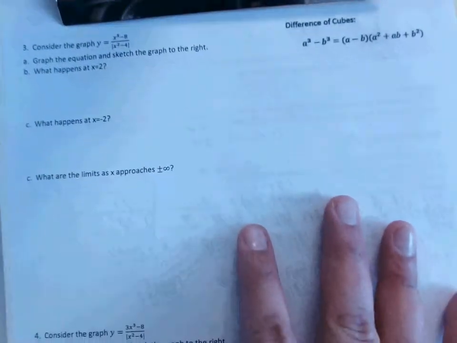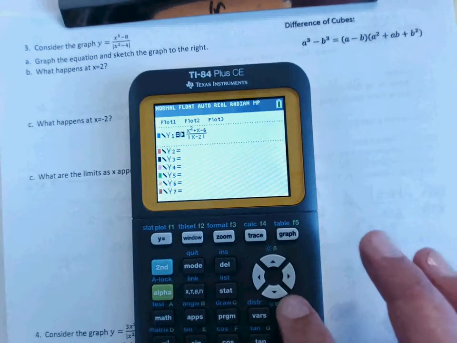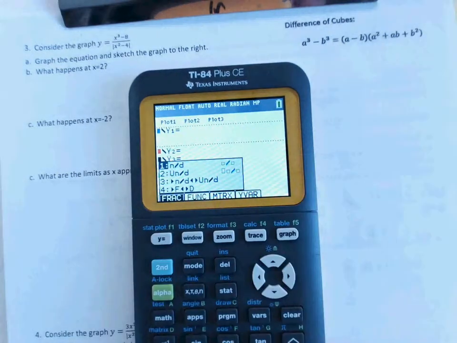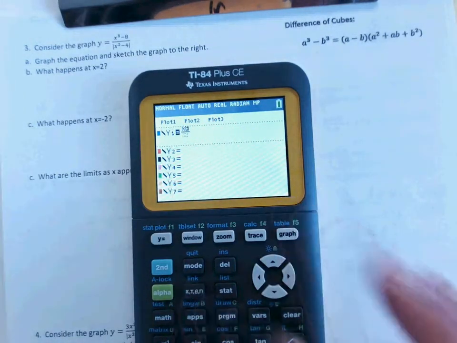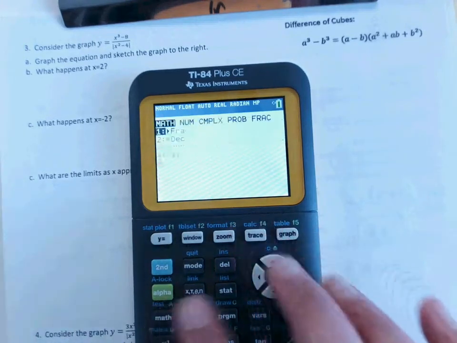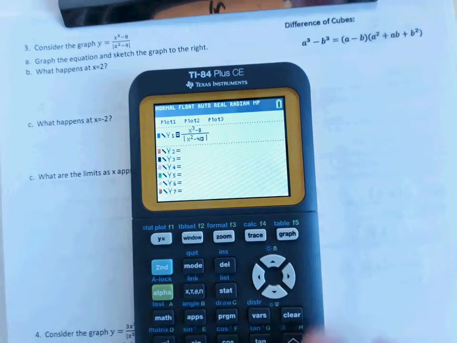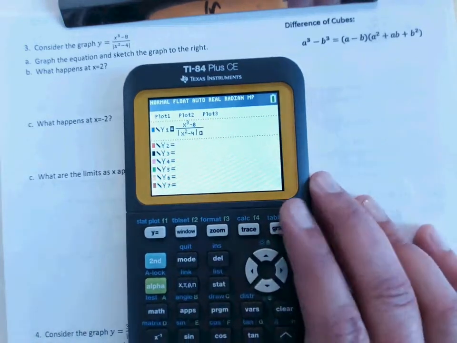We are typing in x cubed minus 8 on top, over the absolute value of x squared minus 4 on bottom. Okay, ready to graph?